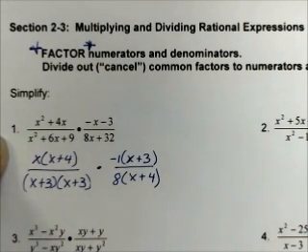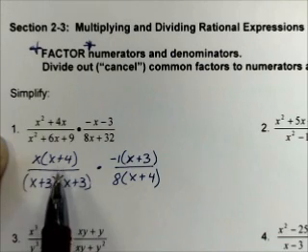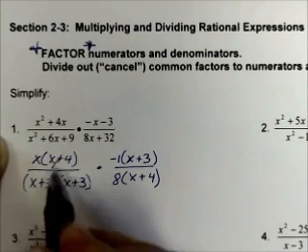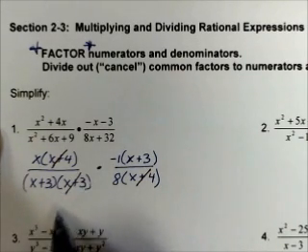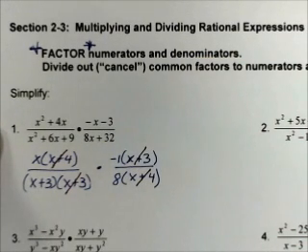Now, as long as we have all multiplication here, which we do, we can look at our numerators and denominators and look for common factors, like the x plus 4 here is common. The x plus 3 in the denominator of our first expression and the x plus 3 in the numerator of our second expression. And I believe that is it.